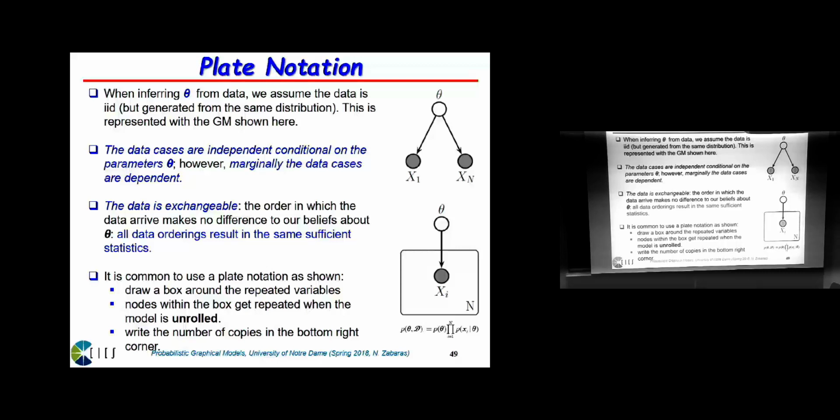You form a box around xi, and you indicate that you have n instances of xi. You have n different realizations of xi, and all of these realizations come from the same distribution that has the parameter theta, so theta has to be outside the box, because only things inside the box repeat. Things outside the box are independent of i.